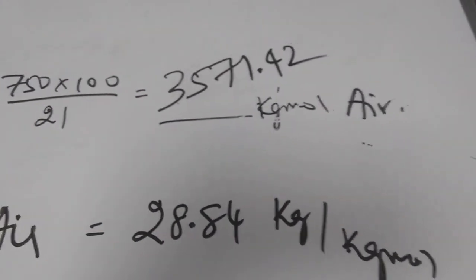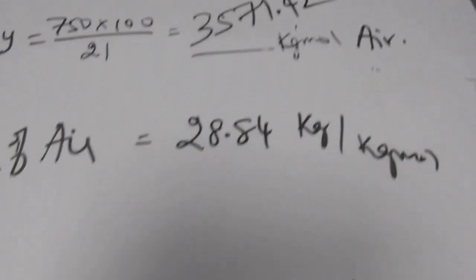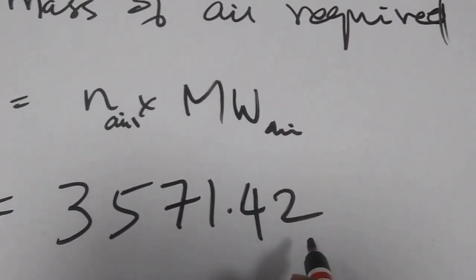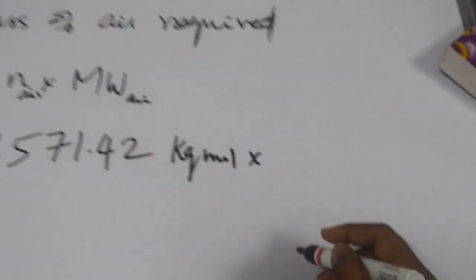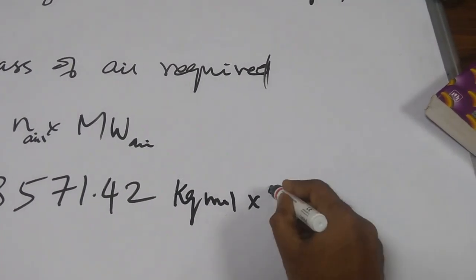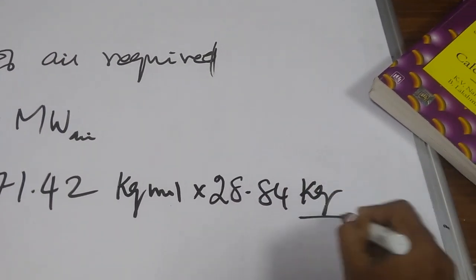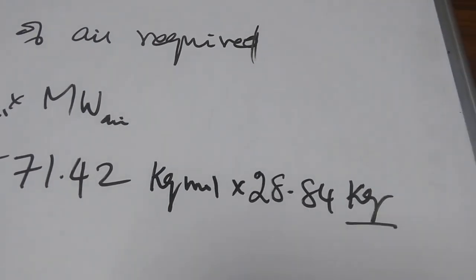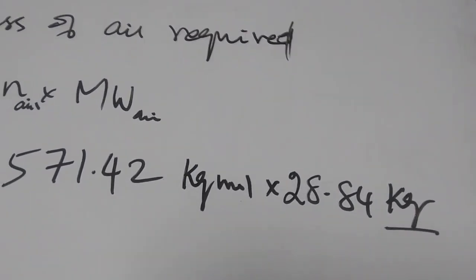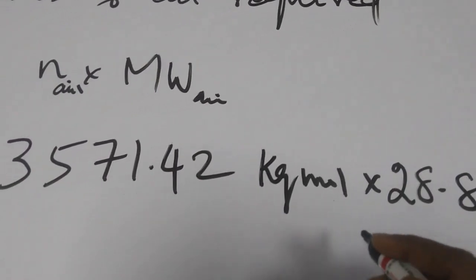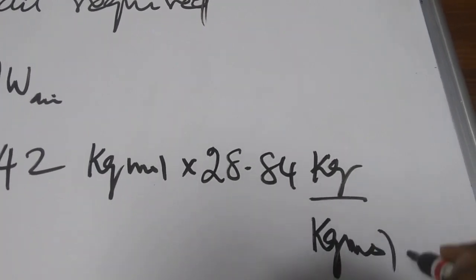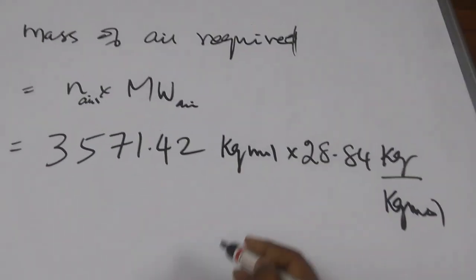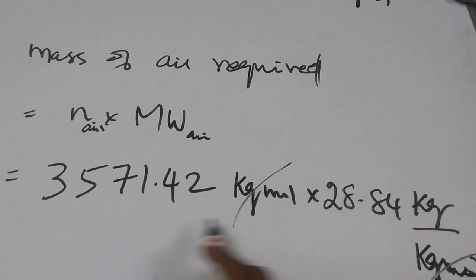Okay, the number of moles of air required is 3571.42 kg moles into 28.84 kg per kg mole. So the kg mole gets cancelled, and we get the answer in kg.